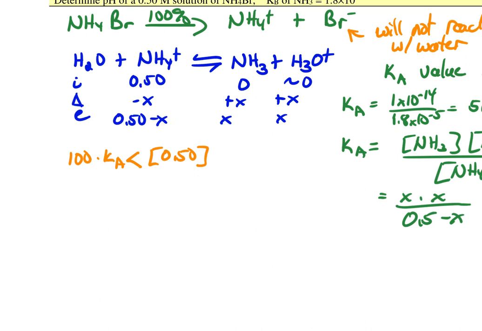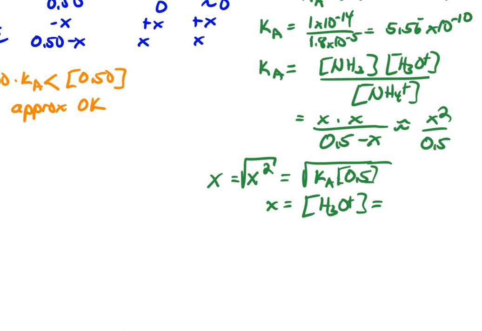Our approximation is clearly okay, so that simplifies our calculation. We find that x, which according to our ICE table is H3O+ ion concentration, is equal to 1.66 times 10 to the minus 5.